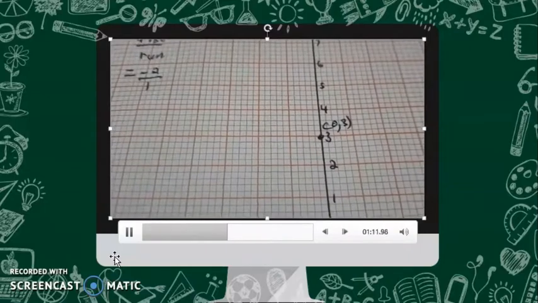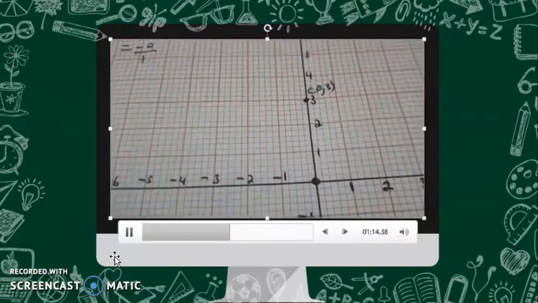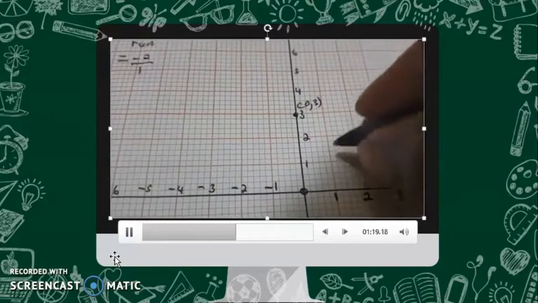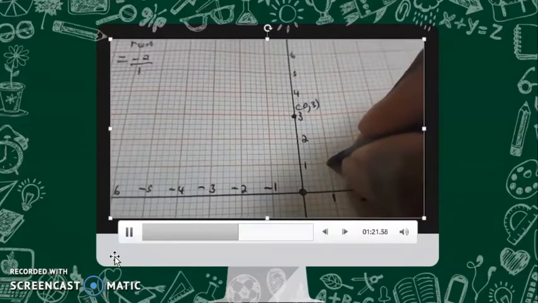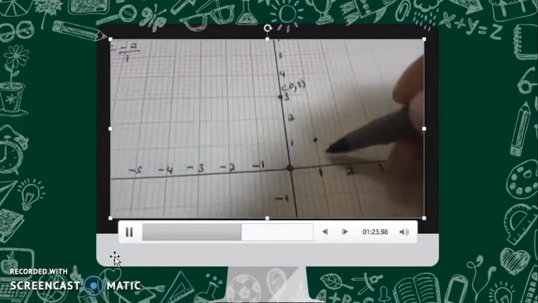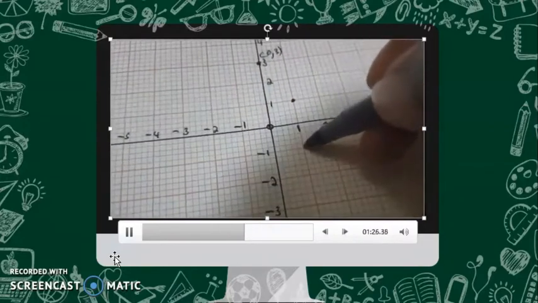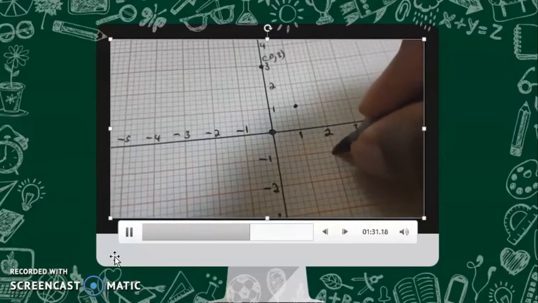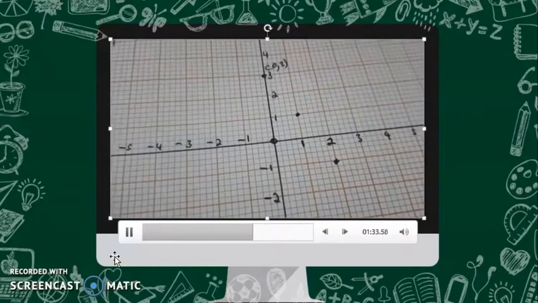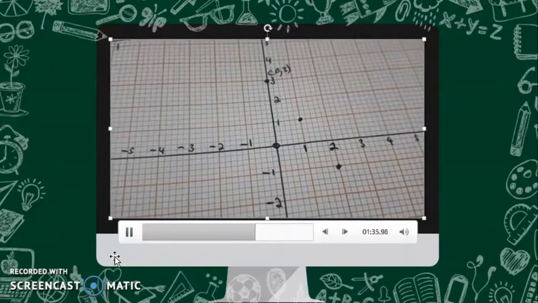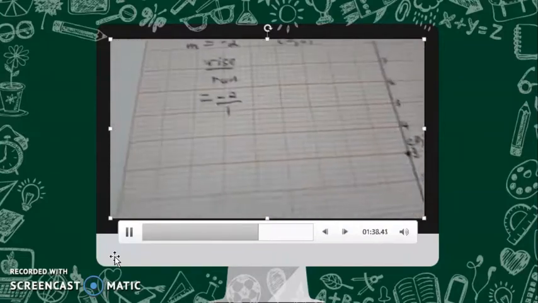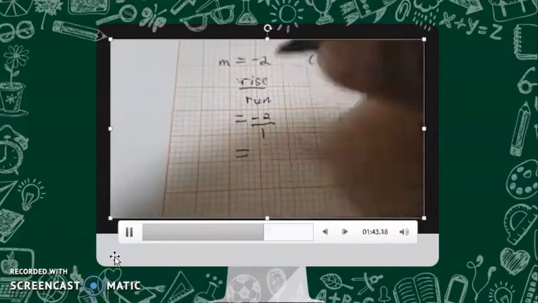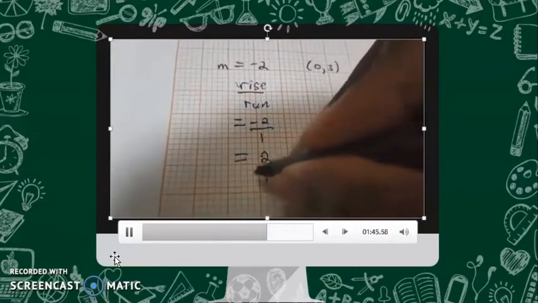So that means that we'll be rising negative 2 and run 1. So when you're rising negative 2, you actually go down instead of up, and you run 1. So you get those 2 points very easy. Alright. So we got 3 points. But if you realize, we could write it another way by 2 over negative 1.